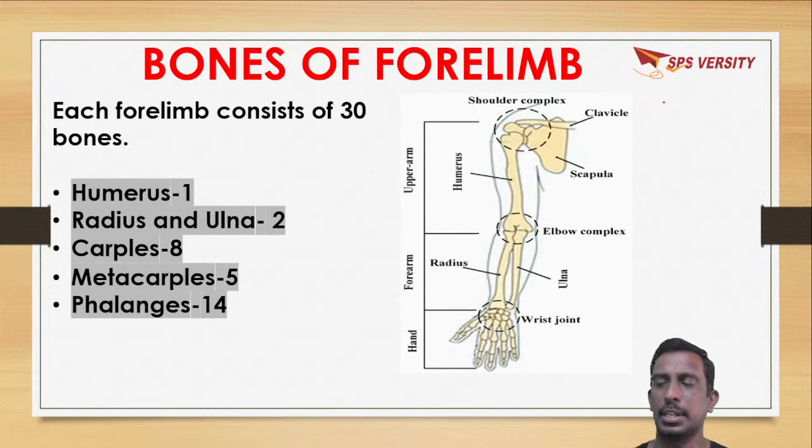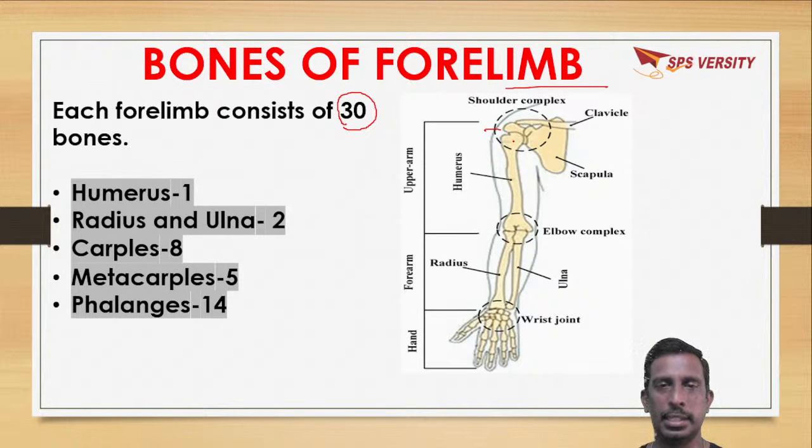In limbs, the hands are called forelimbs, and the legs we call hind limbs. Each forelimb has 30 bones. It starts from here, where it attaches to the clavicle, that is the pectoral girdle.